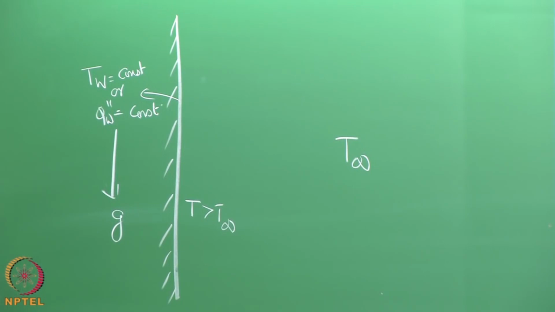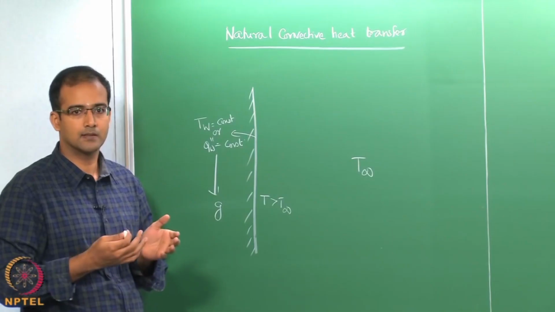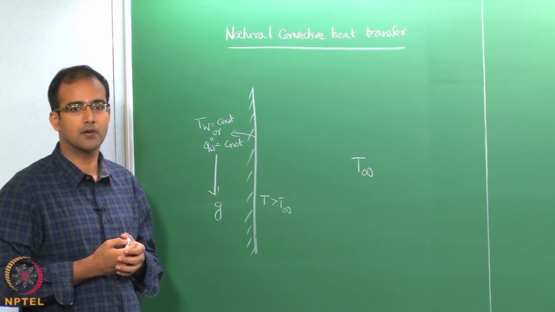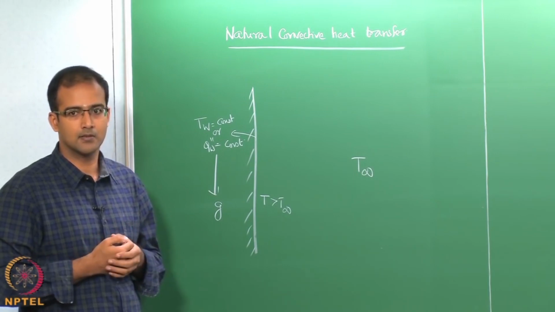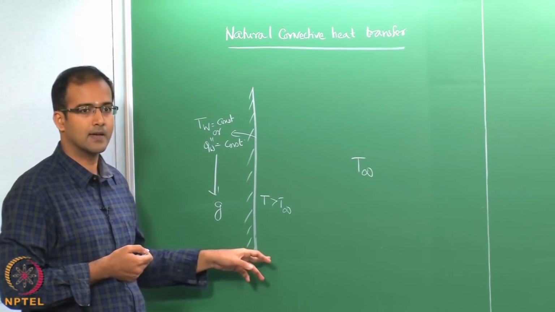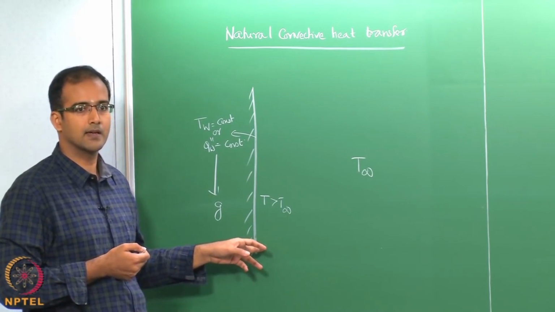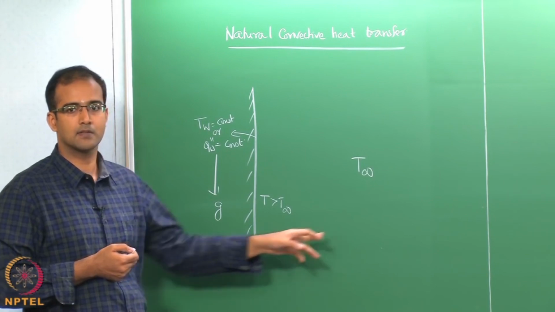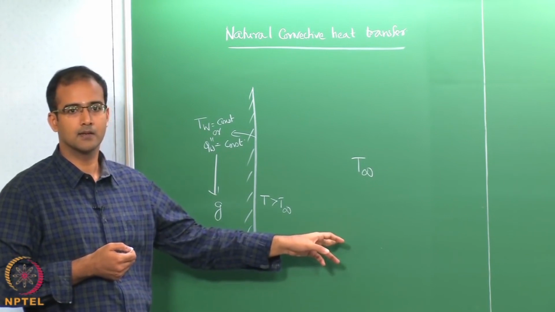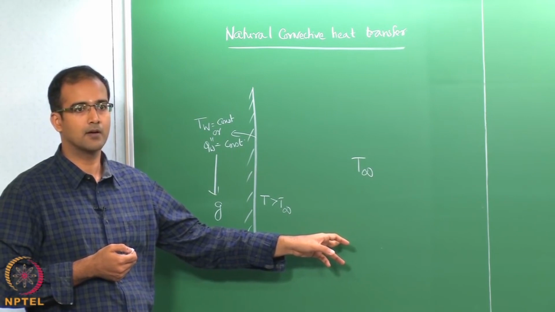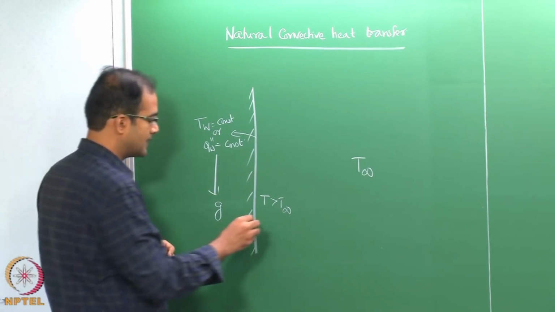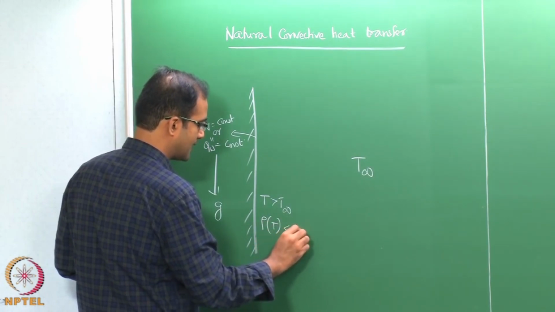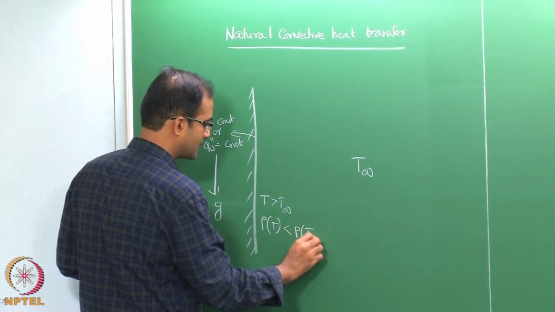Now, you know that the density is a function of temperature, especially very strongly for gases. So, when you look at a quiescent atmosphere, the heated air here will have a density which is different from the density somewhere outside where you have T infinity. So, the density here, rho of T, will be less than rho at T infinity.